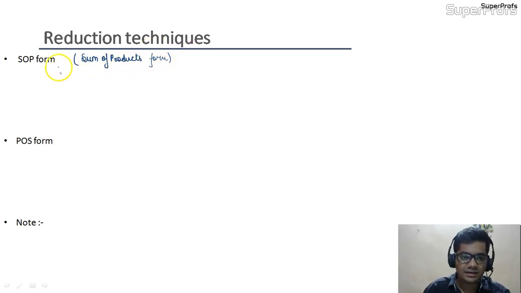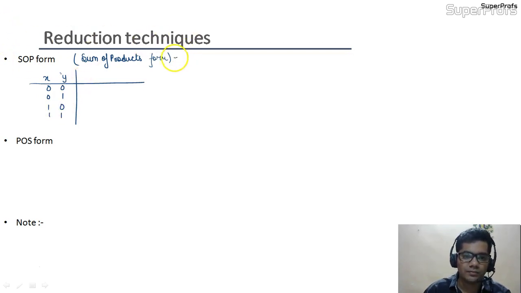If we take a truth table with two inputs, x and y, let us take the combinations 0 0, 0 1, 1 0, 1 1. In SOP form, x is taken as 1 and x bar is taken as logic 0.